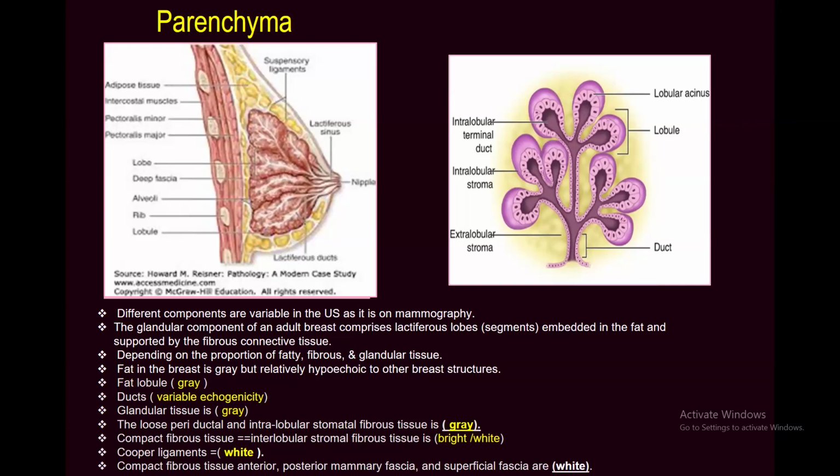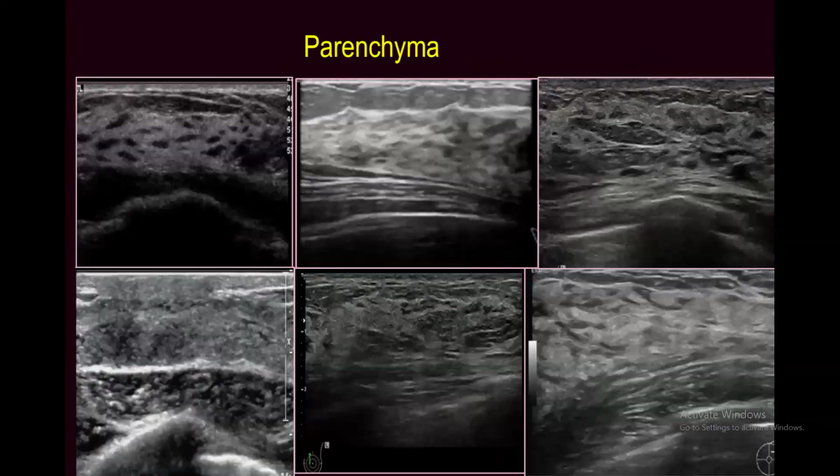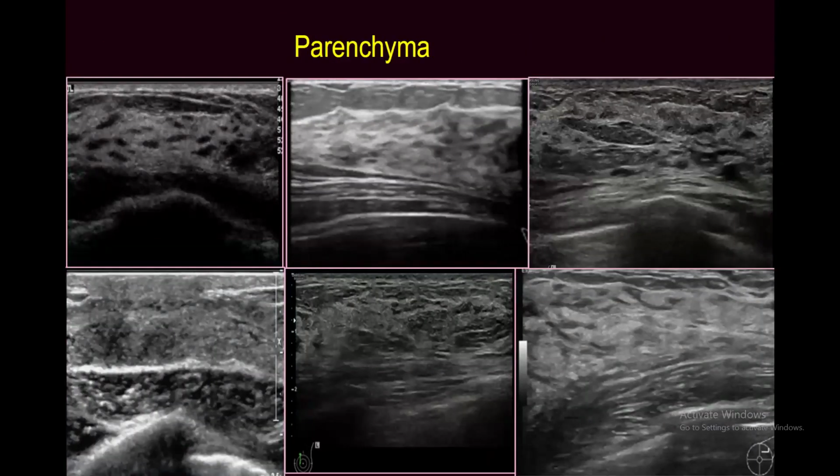And there are variations of these components from one breast to another. As you know, there are many factors affecting these, including age, race, and so on. Looking at these examples of the parenchyma, can you see how they look different?